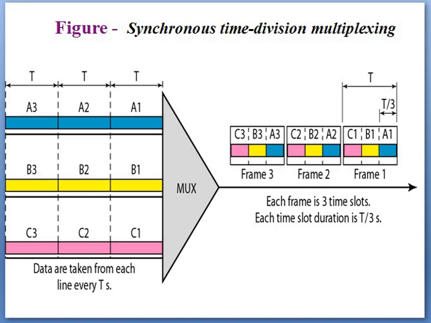We represent the data prior to multiplexing as 3 times the size of the data after multiplexing. That means each unit is 3 times longer in duration before multiplexing than after.